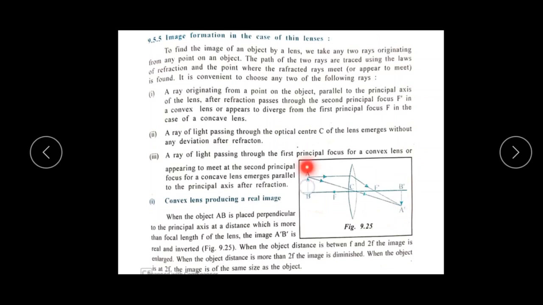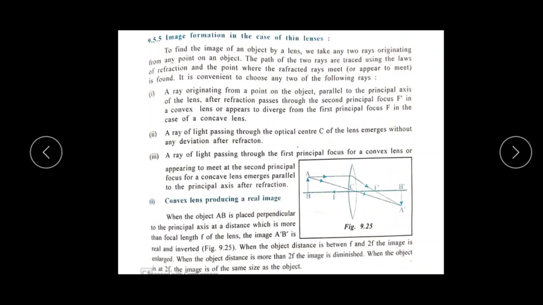When an object AB is placed perpendicular to the principal axis, at a distance which is more than the focal length, then the image formed is A dash B dash, which is real and inverted. If the object is beyond F, then we get a real inverted image.